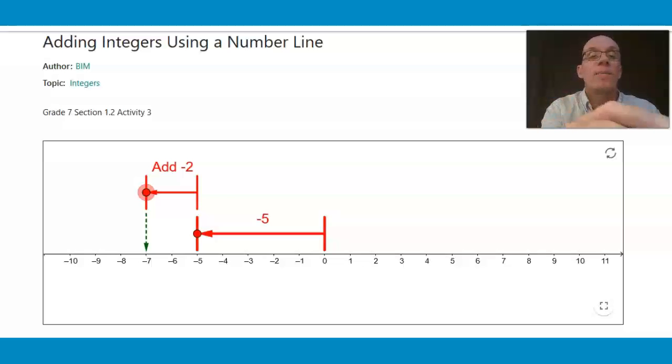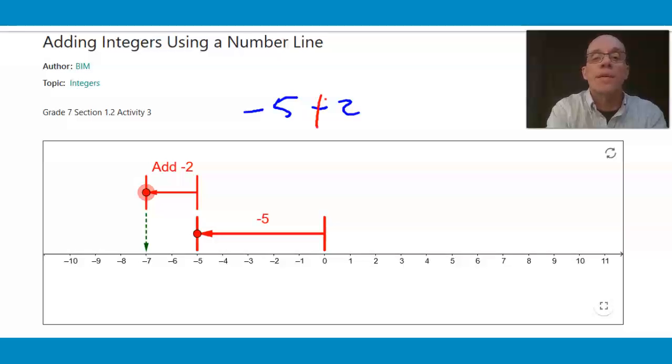So if my problem was, we started with negative 5, and we subtract 2, well, if I change this to addition by adding the opposite, it is the addition problem, negative 5 plus negative 2.